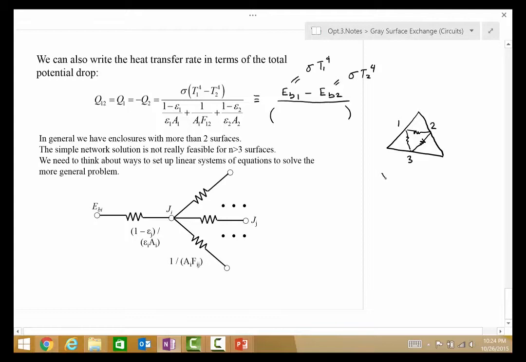And so the way we would represent this for this triangular system is we might have Eb1, J1, 1 over A1 F12, J2, Eb2, 1 over A1 F13, J3, let's get rid of that.